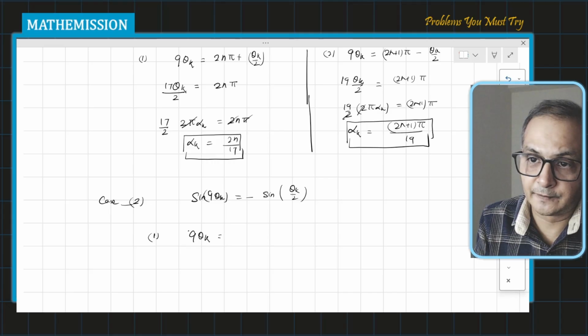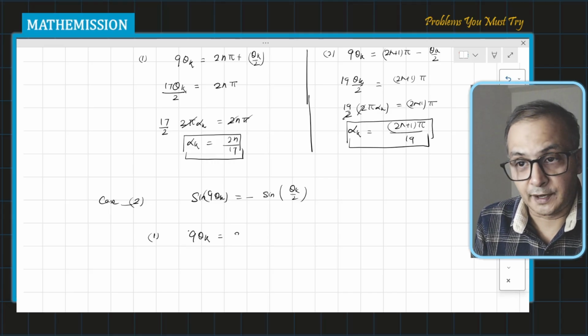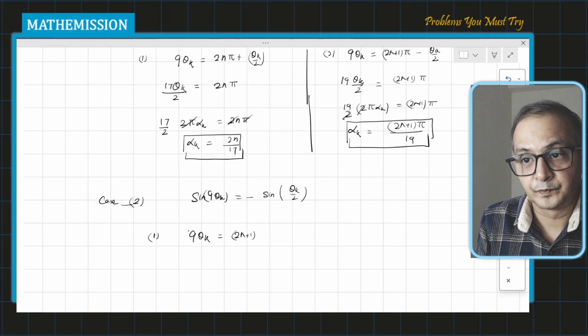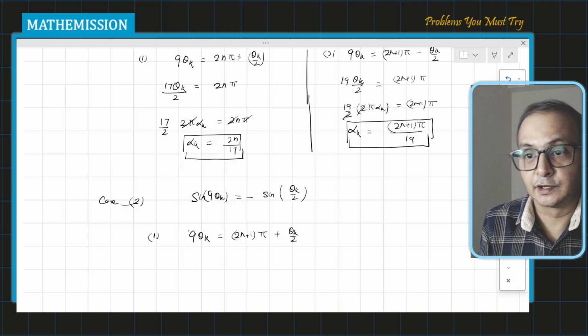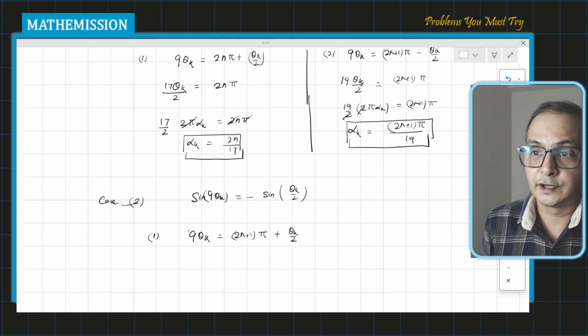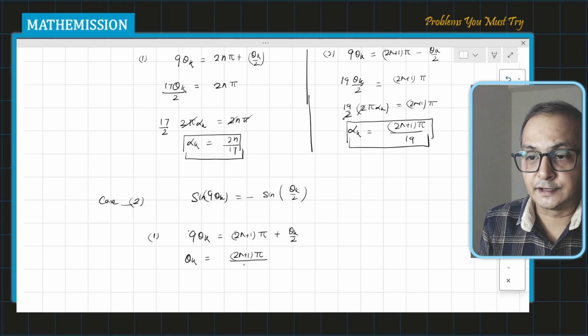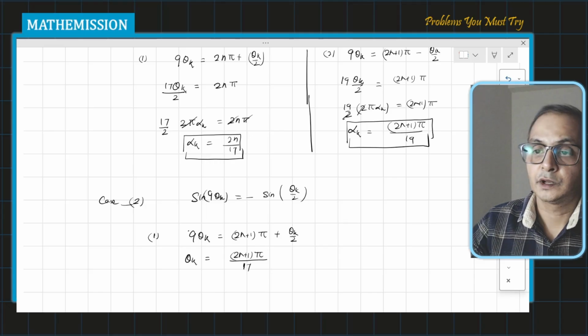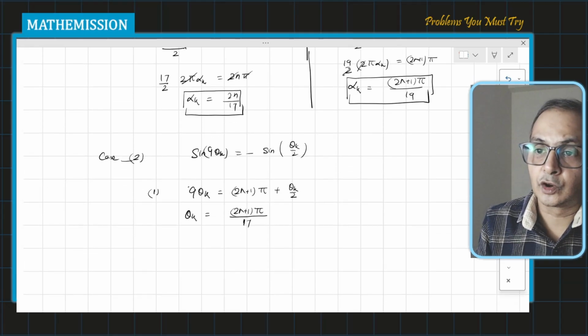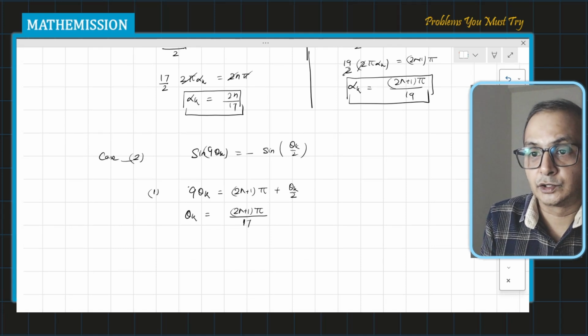For 9 theta k, if you take the odd pi, it means 2n plus 1 pi, we have to add it because we will jump to the third quadrant, and from there you can notice that theta k is equal to 2n plus 1 pi by 17, because this 2 will be left out here.